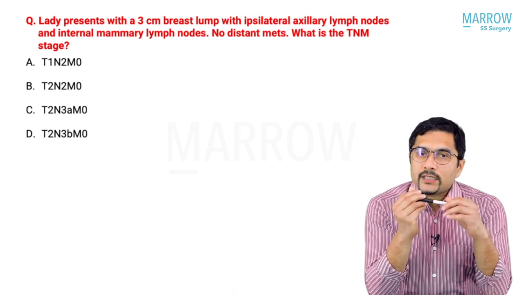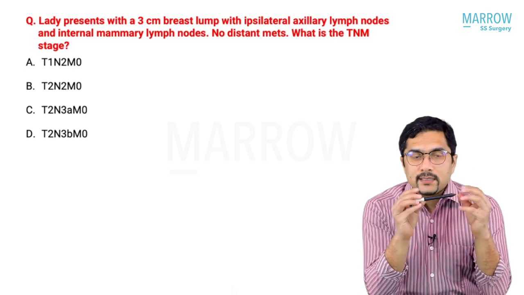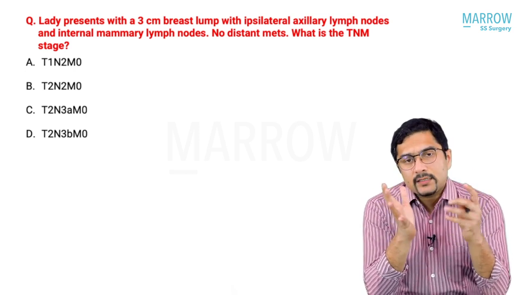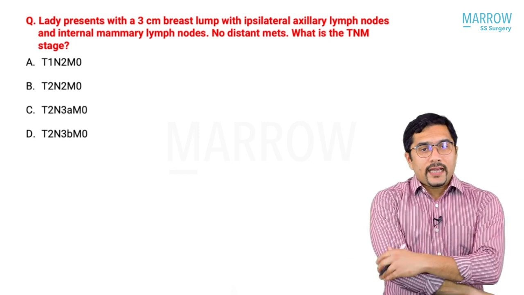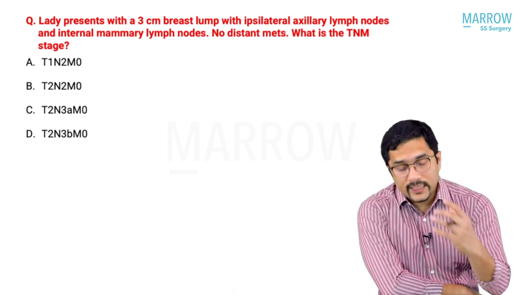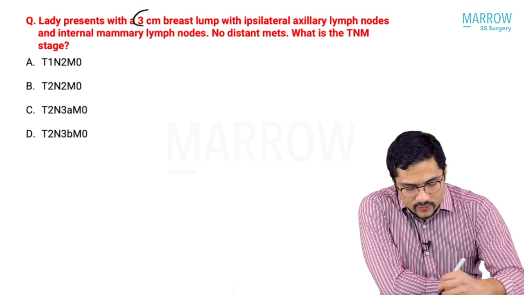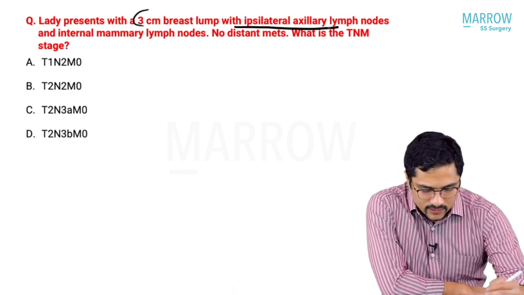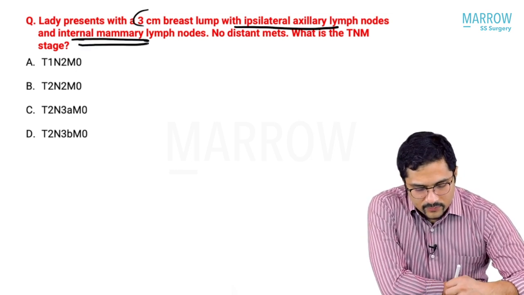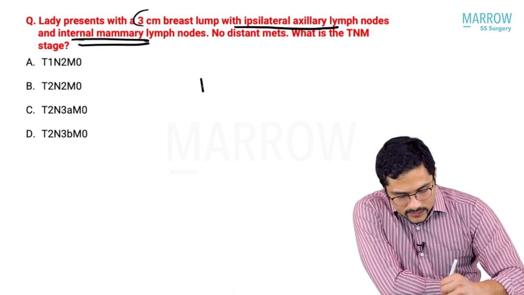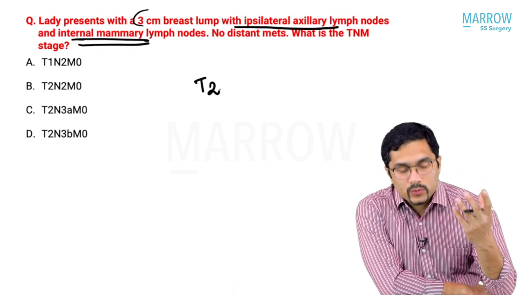Then there was another staging question. There were 3 staging questions, and one was from breast. This again was on the lines of the NEET SS breast staging question which was asked. A lady comes with a 3 centimeter breast lump with ipsilateral axillary lymph nodes and internal mammary lymph nodes. Right. So, T is 2 because it is more than 2 centimeters.